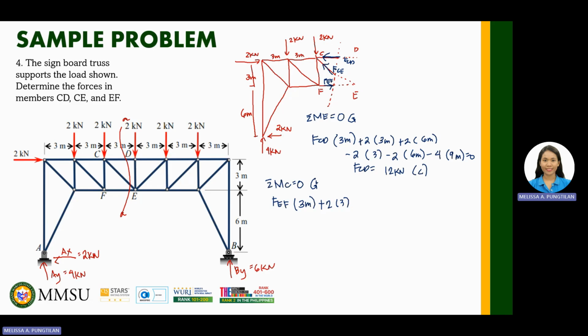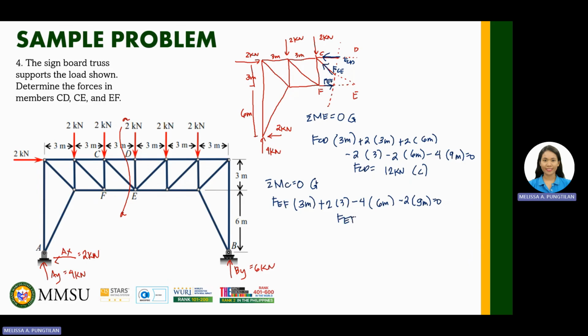So, wala silang perpendicular distance. So, dito na tayo sa support reaction. So, minus 4 by, the distance is 6 meters. And then, yung 2 kilonewton dito, minus 2 ulit by 9. Tama ba? Yes, 9 meters is equal to 0.